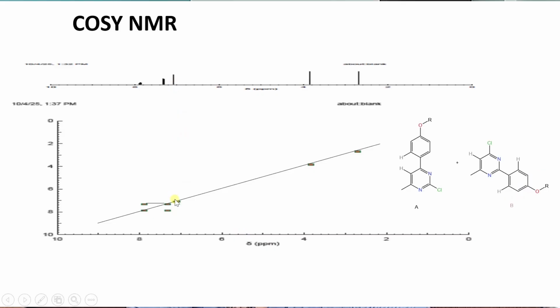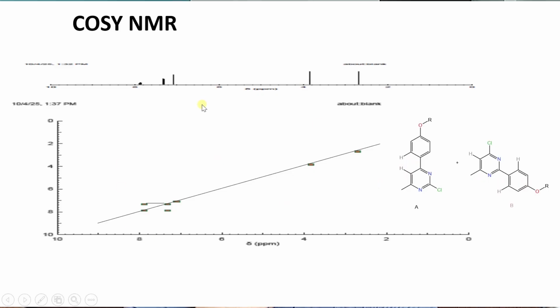Now this single proton, either this or this one, is not correlating with any of them, right? Which shows that this is not connected to any proton which is adjacent, right? So here also it is the same. So we can't predict whether A or B is forming with the use of the COSY NMR.